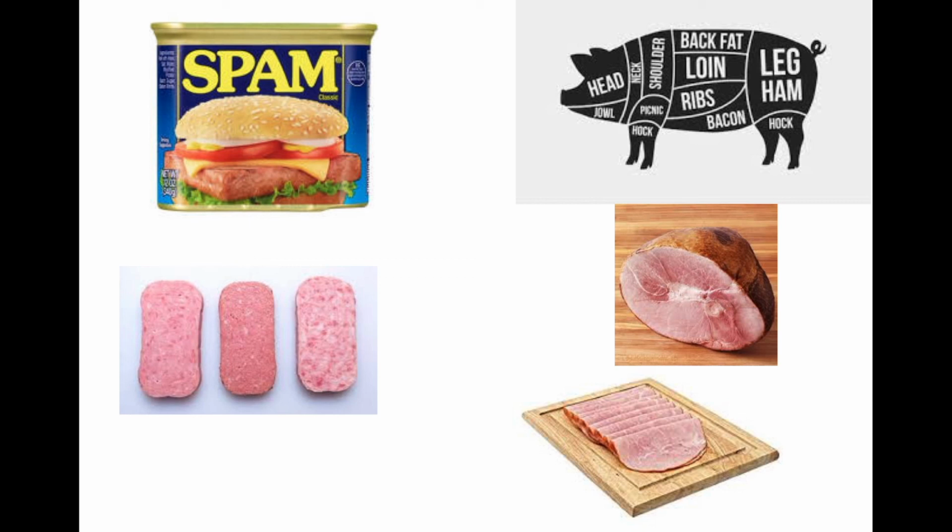Spam is a pork product that is packed in a can, and it is a mixture of chopped up parts of the pig, collected together into a kind of loaf and put in a can, and there's a brand name called Spam.